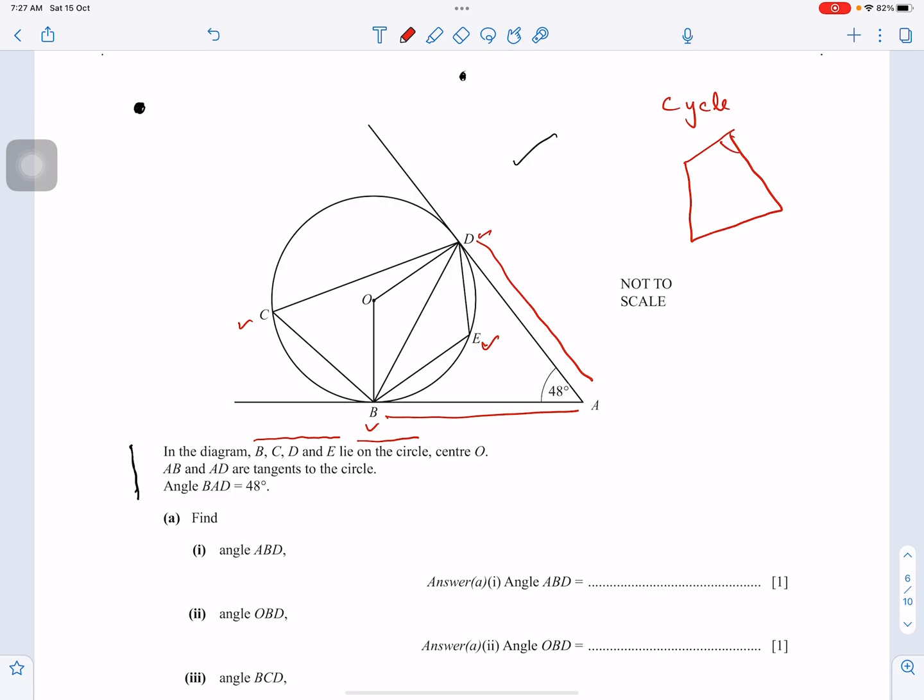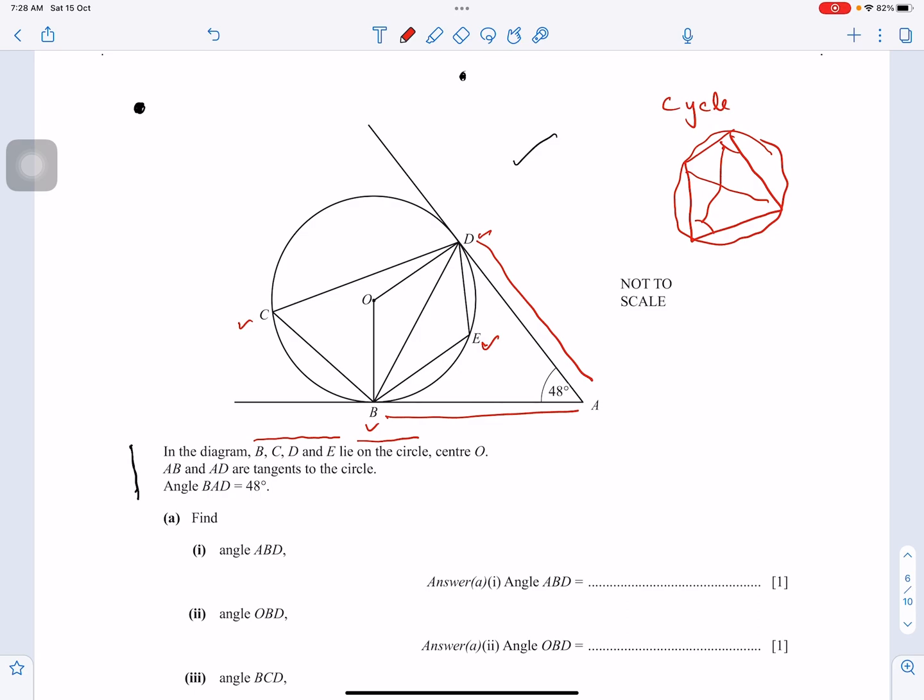If opposite angle sum is equal to 180, then definitely these 4 points will be a part of the circle where they will all touch the circumference, right? So if you see here B, C, D, E, they are on the circumference. It means they are making a cyclic quadrilateral, right? Rule number one. It means their opposite angles, when you add up, will be equal to 180. That we will find out later.